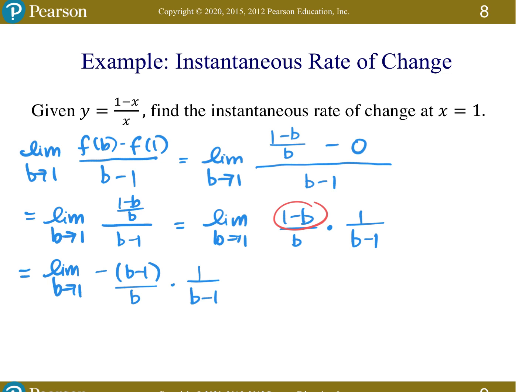If you factor a negative 1 out, then it can become x minus 3. Once you do that, you can reduce. So what would be left in the numerator here? Yeah. And the denominator is simply b, which means now I can plug in negative 1 over 1. So my instantaneous slope, or my instantaneous rate of change, is negative 1 along this. This is a hyperbola. Along this hyperbola.